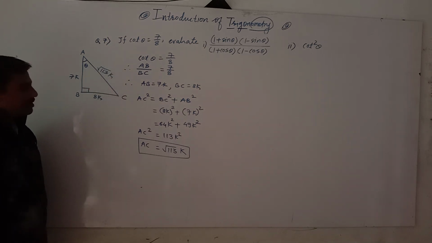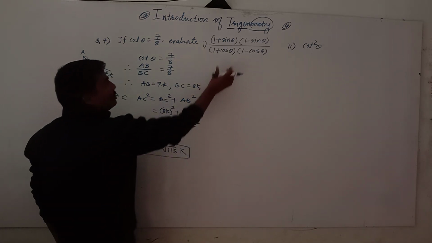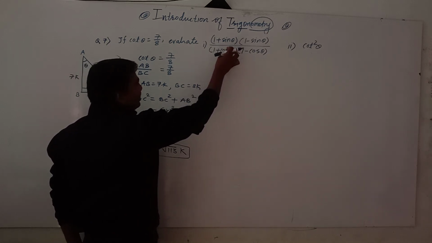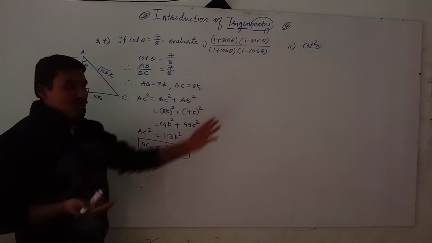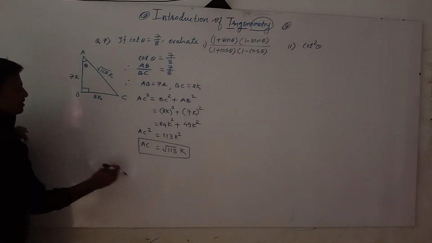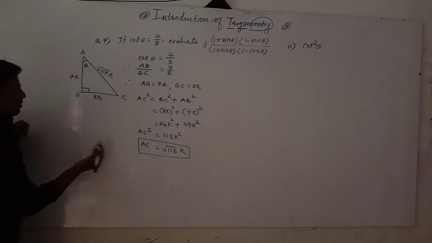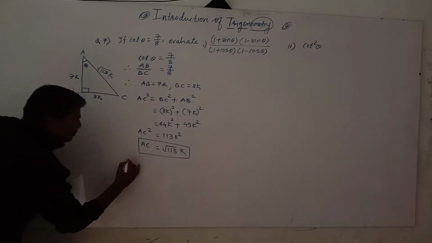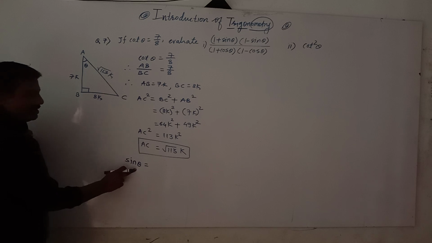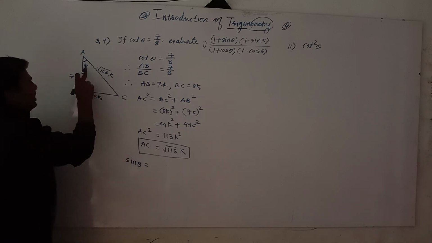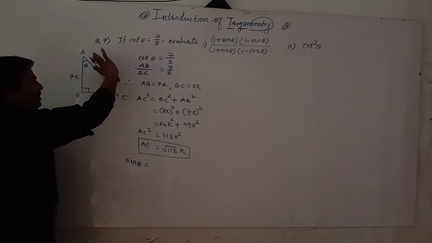Now here there are two functions, sin theta and cos theta, so first we have to calculate these. Sin theta is opposite upon hypotenuse.